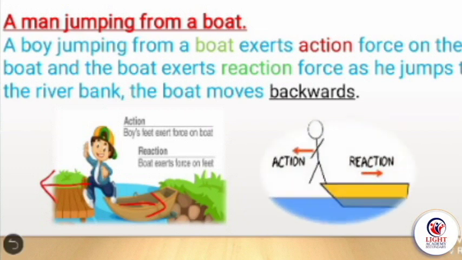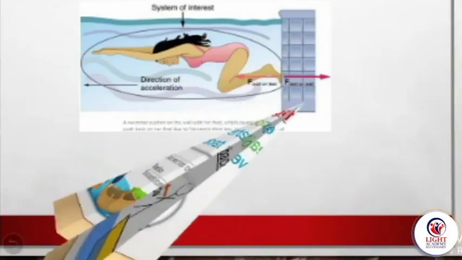Another illustration there. You can see this one is the reaction force. So the boat experiences a reaction force opposite and equal to the action force. We can still have some more examples.